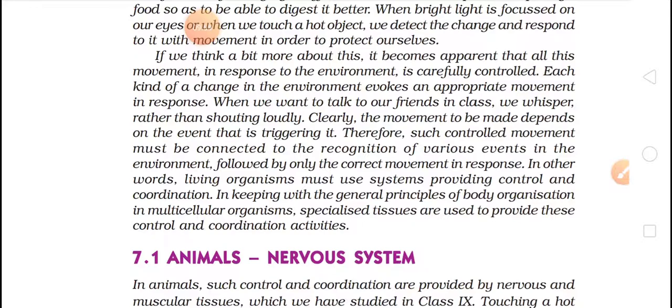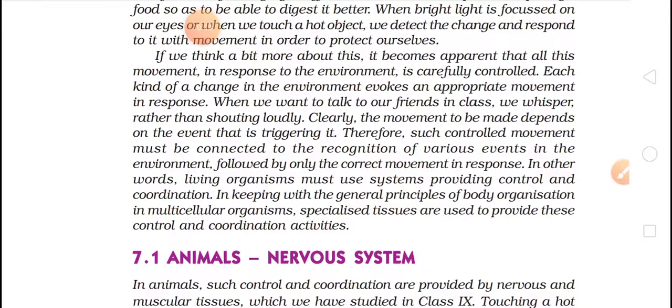Now what they are trying to say is that there are situations where we are just walking. Normal walking is done when we are at home, and there are situations where we need to run. So for this event, either walking slowly or running fast, there should be some control, some coordination, some response which is continuously provided.